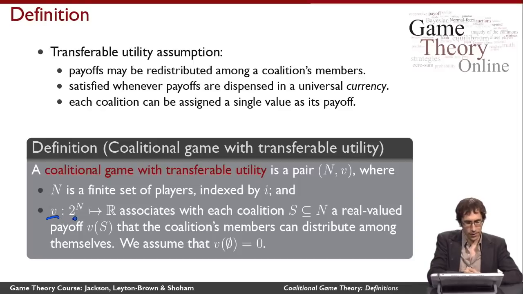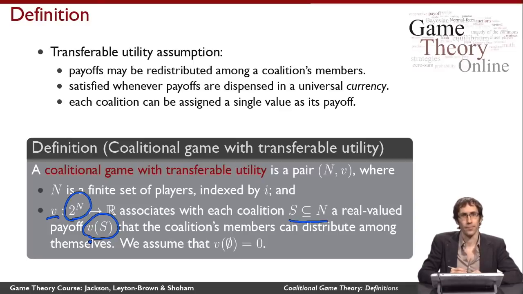It says for every subset of the players, S, so for every coalition S that could form, up to and including all of the players in the game, what is the payoff, V of S, that the coalition can achieve? And this, of course, the coalition will divide up among its members. We'll make a normalizing assumption that the value of the empty set is 0.